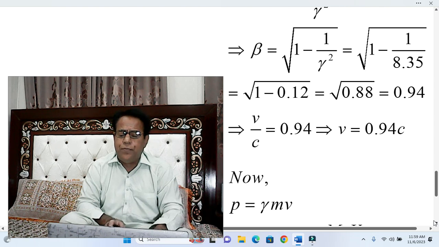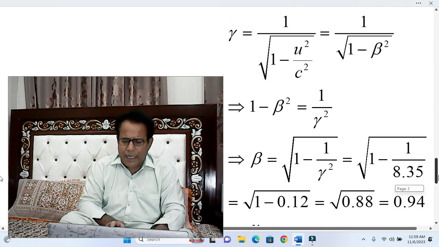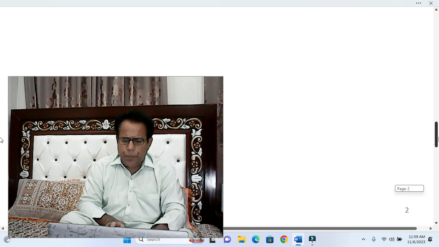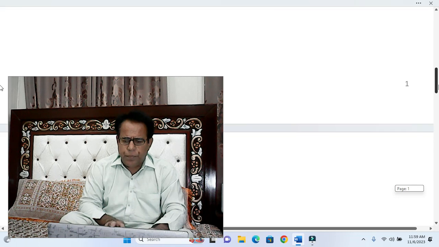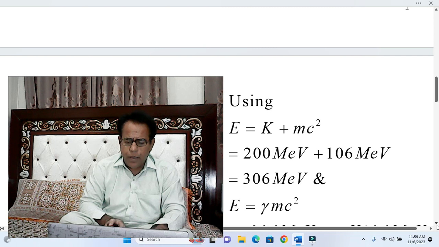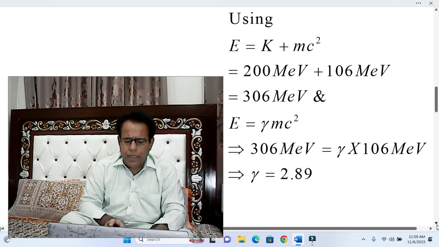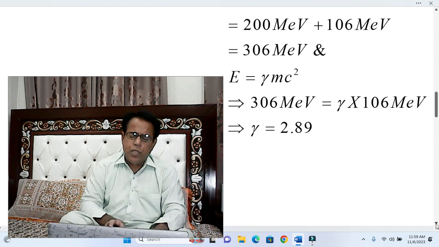We have found the value of gamma, that is gamma has become equal to 2.89. This is almost equal to 3, so simply when we take its square, it will be about between 8 and 9.